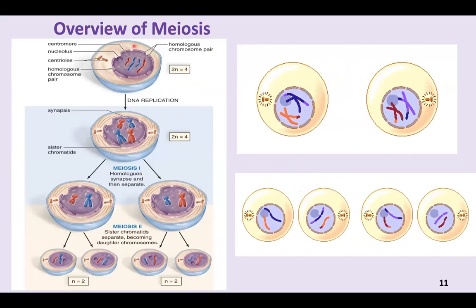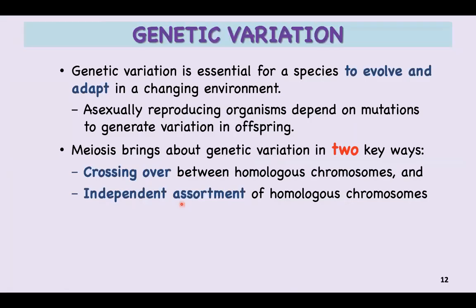Overview, daripada awal we have the meiosis 1. Separate jadi 2. And then we have meiosis 2. Last kali kita ada 4 haploid daughter chromosomes. Okay. So genetic variation is essential for a species to evolve and adapt in a changing environment.